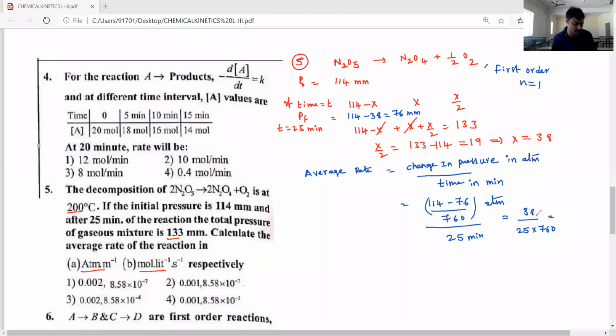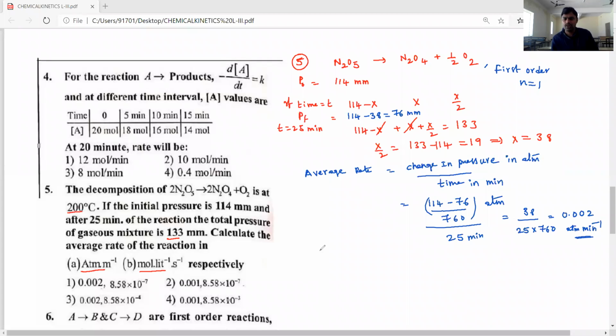On simplification, we'll get 0.002 atmospheres minute inverse. Okay, that is the average rate in terms of atmospheric pressure and minute inverse.